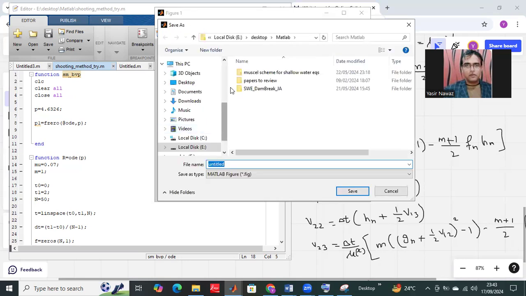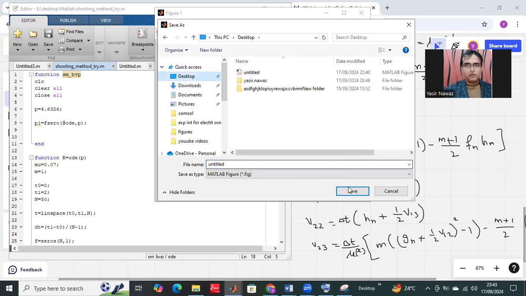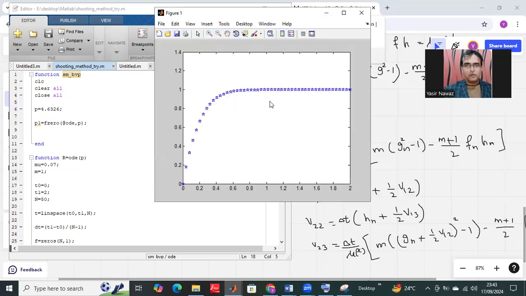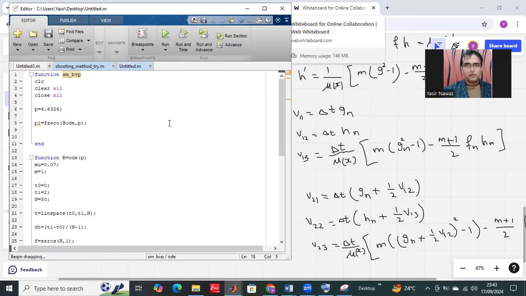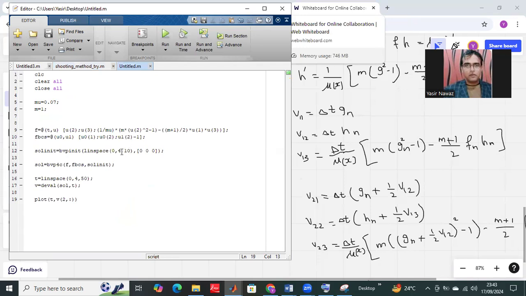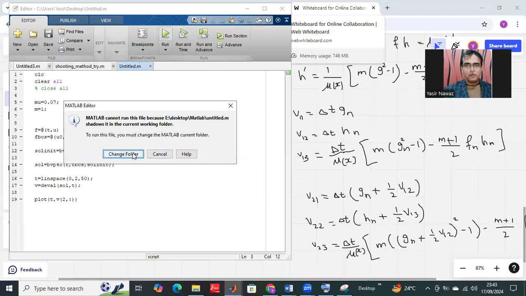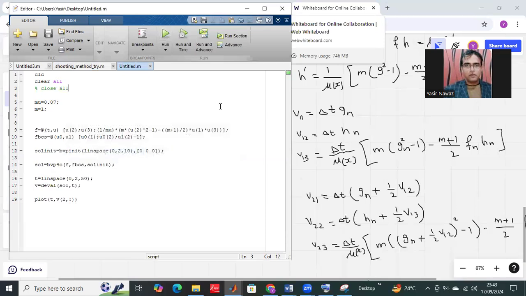I have to check whether the solution is correct or not. I will compare with the BVP4C solver. For BVP4C, I have to decrease the domain, 0 to 3. The same problem is solved by BVP4C, for checking the solution is correct or not, for verification.